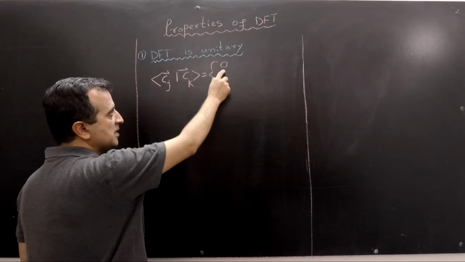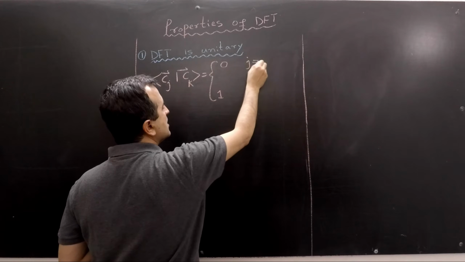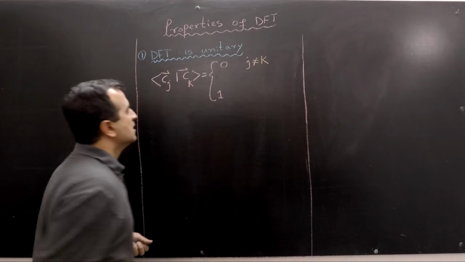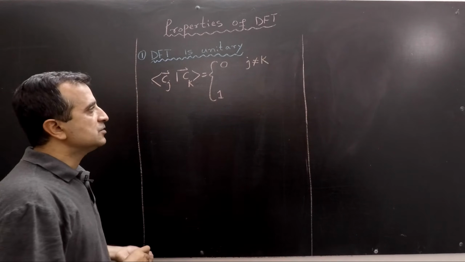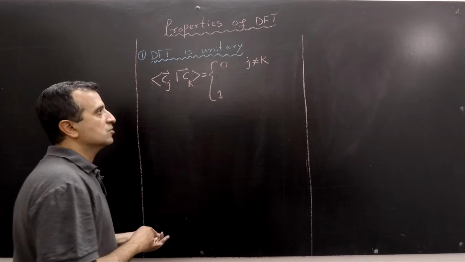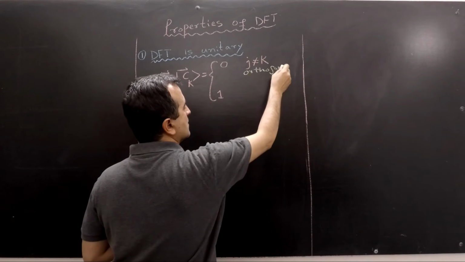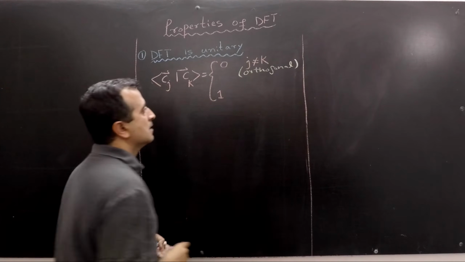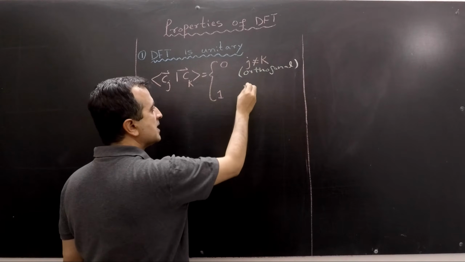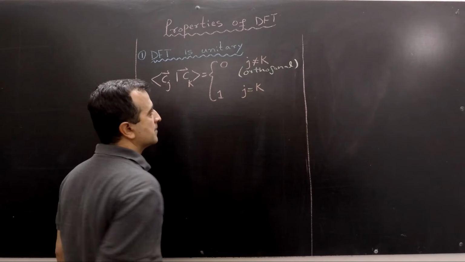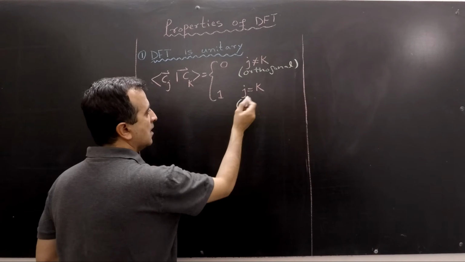Our result must be equal to 0 when J is not equal to K. That means column J and column K are different columns, and this shows that columns are orthogonal. Our dot product must be equal to 1 when column J and column K are the same column, and this represents that our columns are normalized.